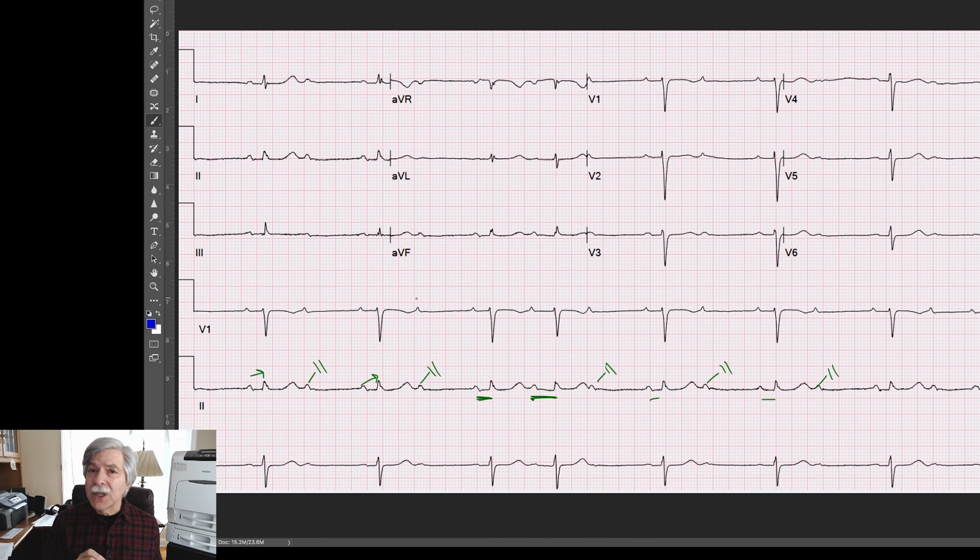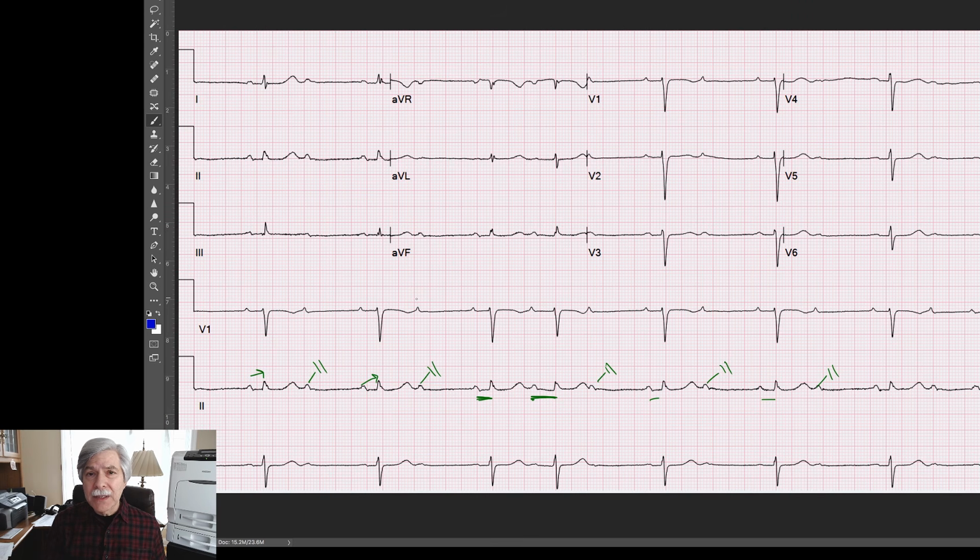Think about the physiology. How does the AV node behave? How does the His bundle behave? How can we figure out where the level of the block is? Because if you have true type 2 second degree AV block, then those patients really should get a pacemaker, because their conduction system disease is serious enough that if it gets any worse, they can wind up getting into big trouble with no escape rhythm.